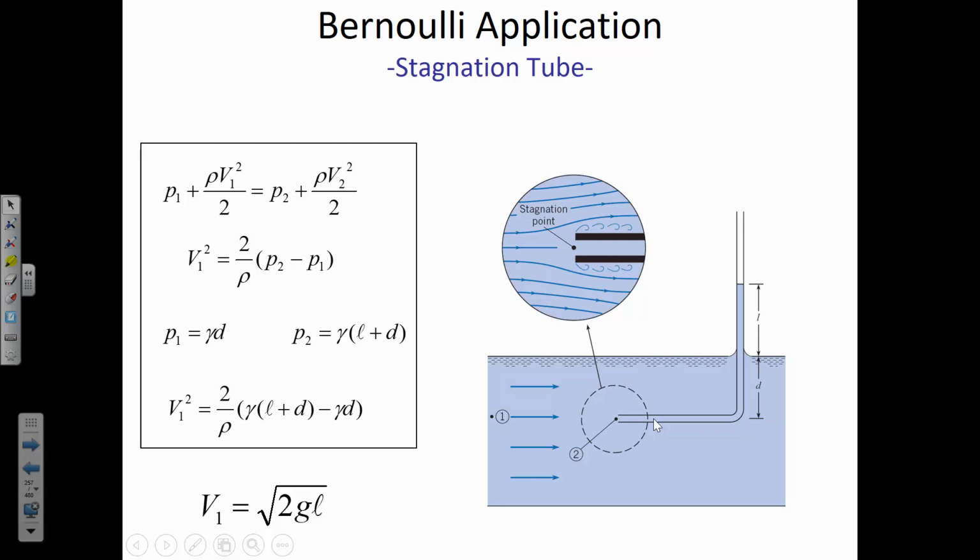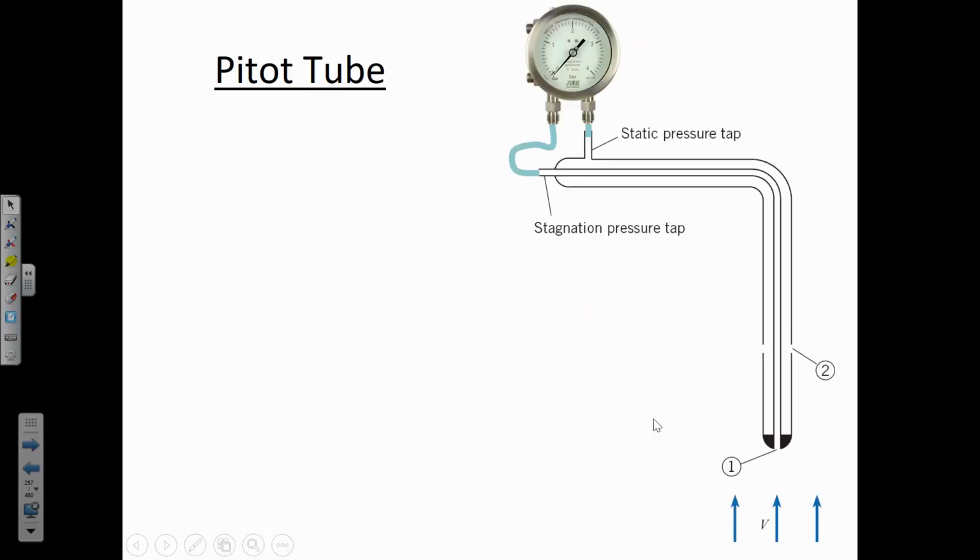And remember that we have to have some tube sticking out of the liquid so that we can measure the L. So it's not that it's useless, but it could be made more useful. We want to get around the disadvantages of the stagnation tube with this Pitot tube. So the Pitot tube, number one, can be used in liquids and gases. So it's not as limited in that way.